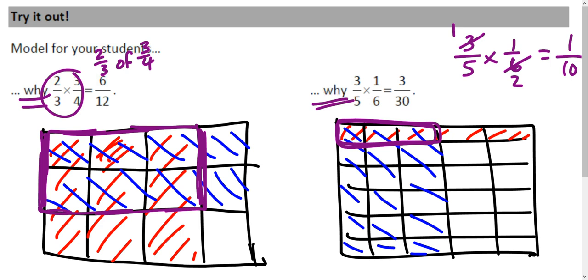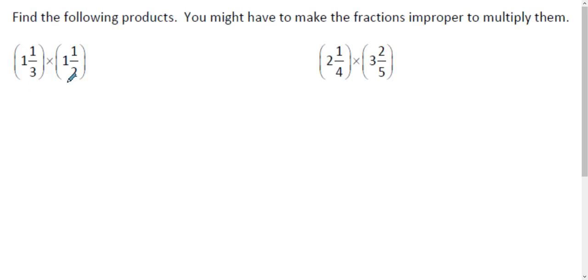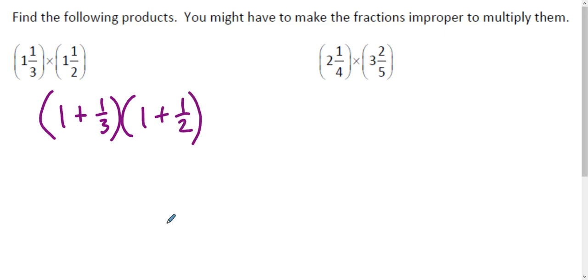Okay. You should also know how to do things like this. So there are 2 ways to skin this proverbial cat. One is to say this is 1 plus 1/3 times 1 plus 1/2, and then we use the distributive property, everybody with everybody else. That is not the way I traditionally teach people to do this.